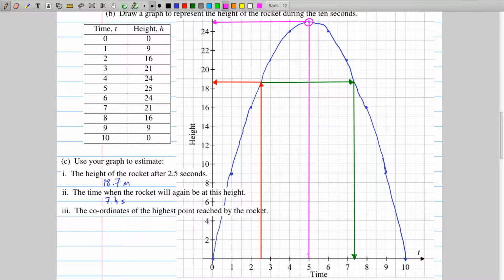Don't forget your arrows as well, just to show you know what you're doing. So the coordinates are 5, 25. Don't forget to put in both coordinates because it wasn't just asking for when it happens, or just how high the rocket goes. It's asking for both coordinates in the one question.